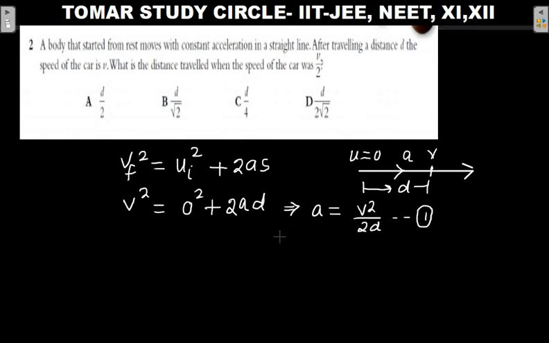Now we want to calculate the distance covered by the car when its speed was v by 2. Suppose when its speed was v by 2, the distance covered by the car is d dash.